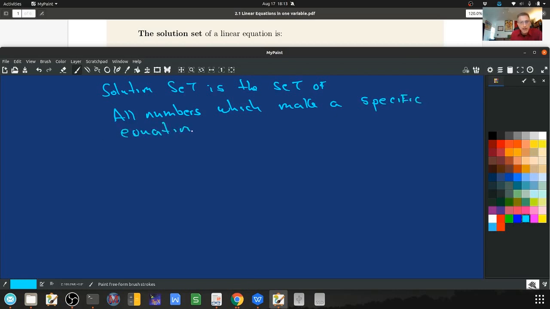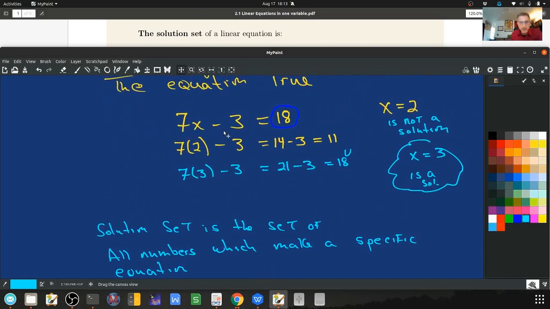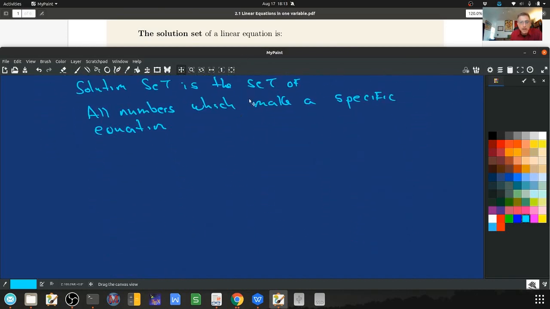So going back up to this particular equation, 7x minus 3 is equal to 18, as it turns out, our only solution is 3. So the solution set is 3. And remember, when we create a set, the elements are placed within curly braces, and they're separated by commas if there's more than one element.